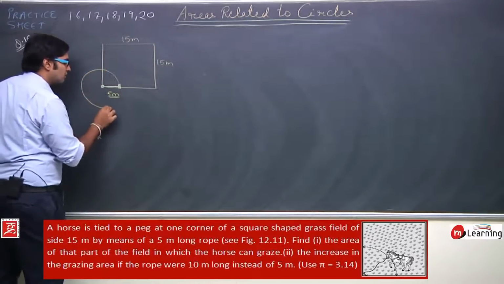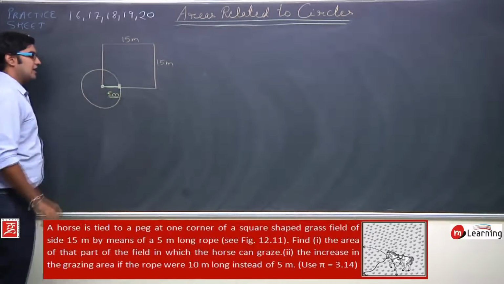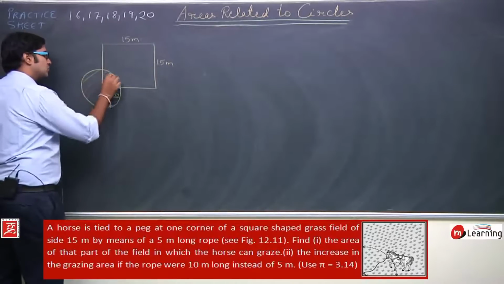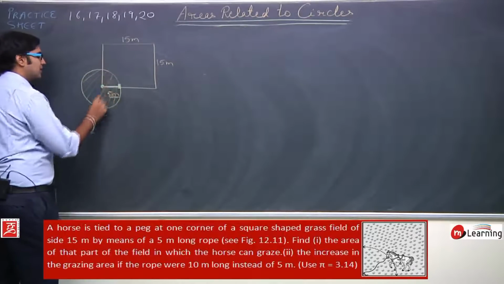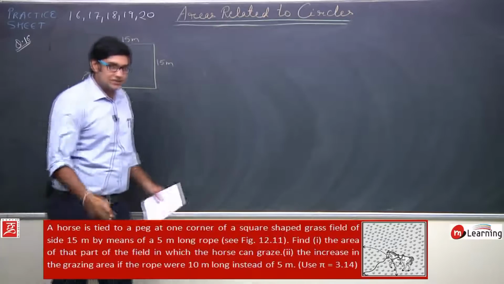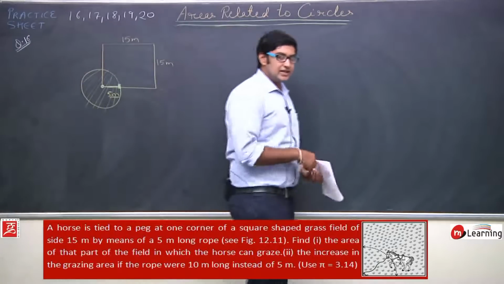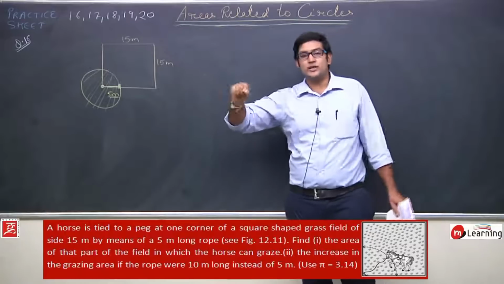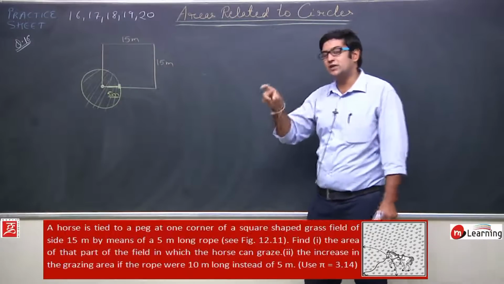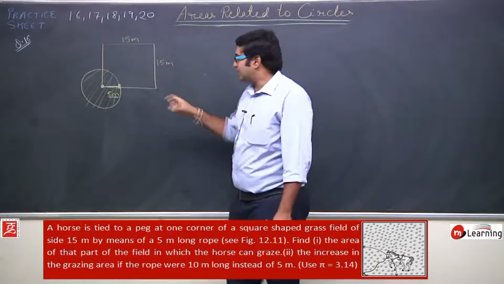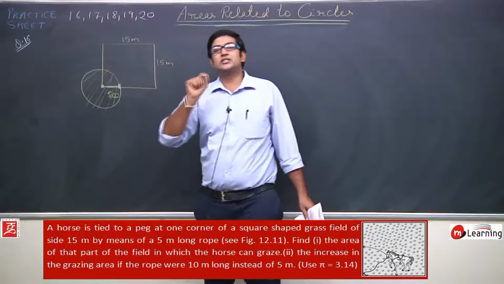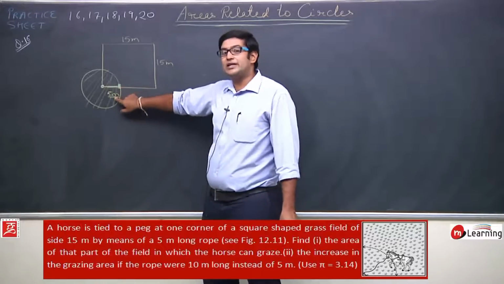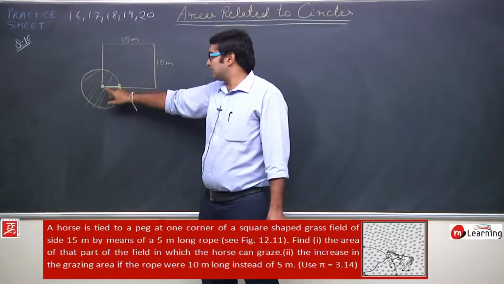You can see this particular area is a circle, because as the definition says, a circle is the locus of a point which is always moving at a fixed distance from a fixed point. So the horse can move only a maximum of 5 meter from this pole.